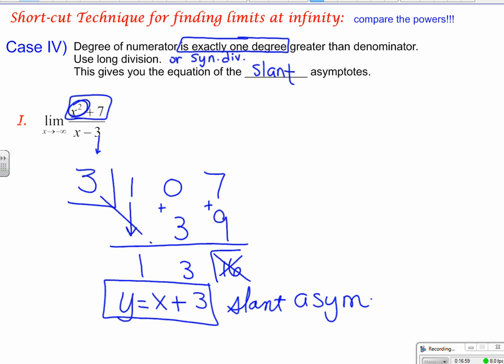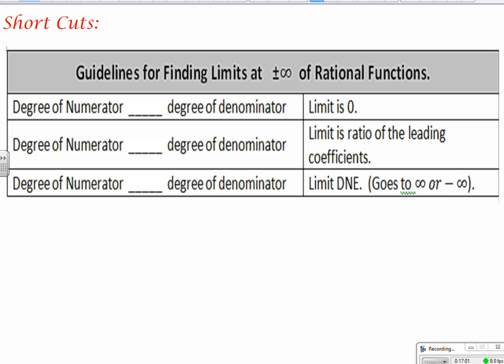Okay. This screen does a little bit of a summary of what we just went through. When the degree of the numerator is smaller than the degree of the denominator, the limit will be 0 because the denominator is dominating this function and grows more quickly, taking the overall function to 0.